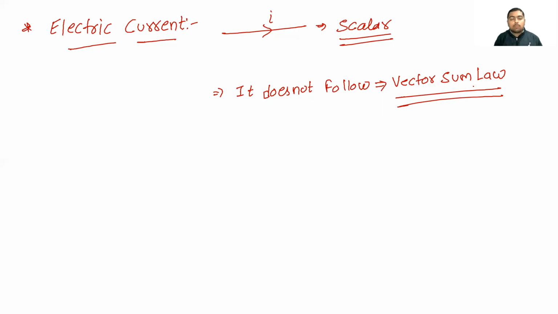This vector sum law is missing. So what are the vector quantities? Vector quantities are those which follow vector sum law. Any physical quantity which is not following this law is not called a vector quantity. For example, electric current is the best example. Electric current is a scalar quantity because its sum is algebraic.